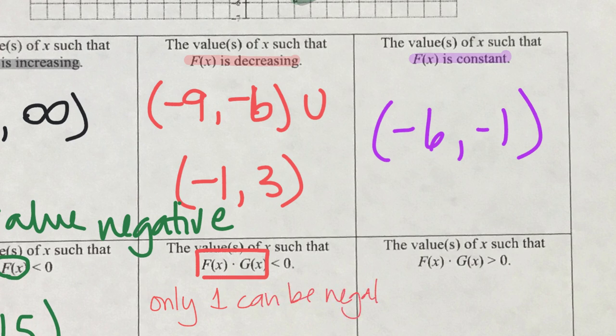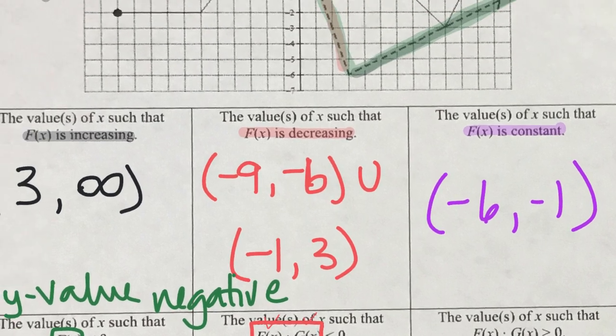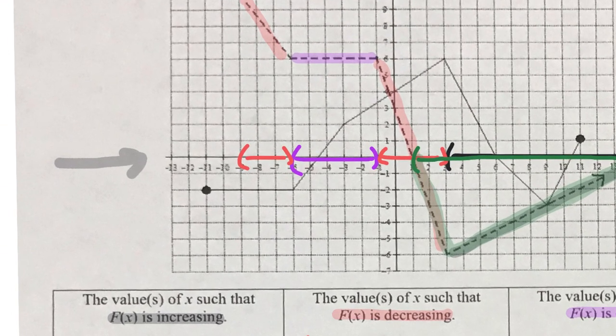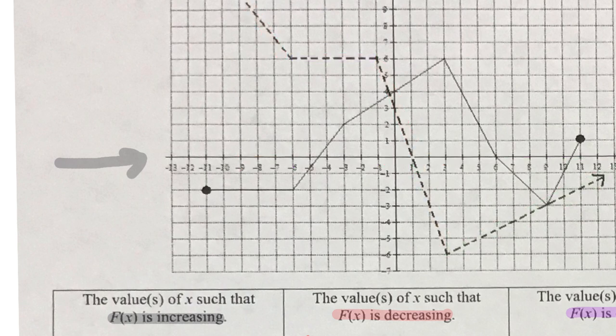So we are looking for places where either the f graph is below the x-axis or the g graph is below the x-axis, so that the product of their two things is negative. Okay? So we're looking for one only.